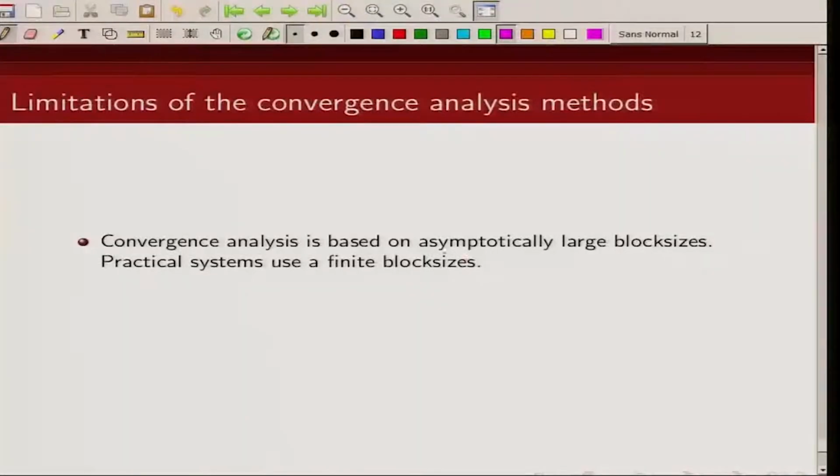This approach assumes that we have very large block sizes. So, this convergence analysis results hold for very large block sizes, but in practical systems we use small block sizes. So, the thresholds predicted by this method may not be consistent when we use small block sizes, and of course, there are some assumptions.